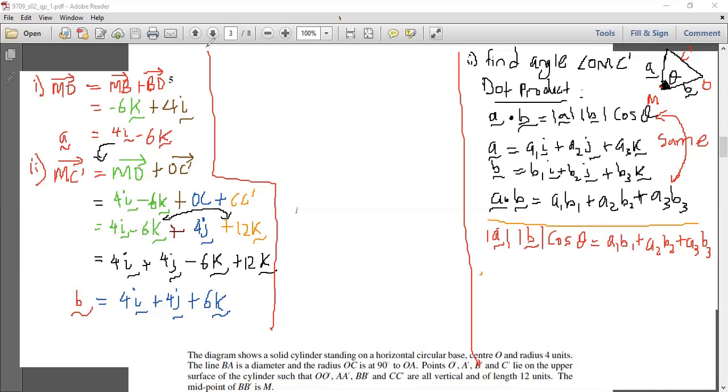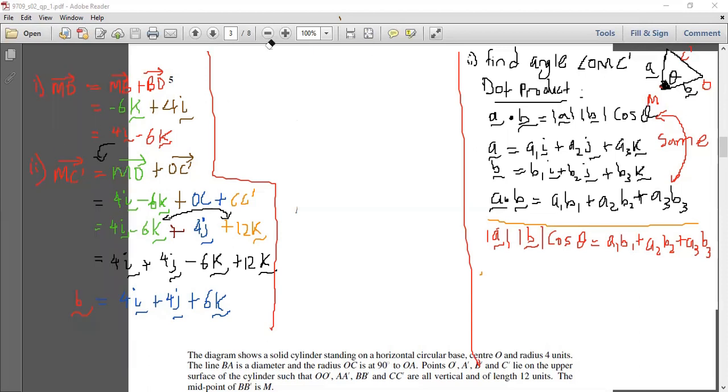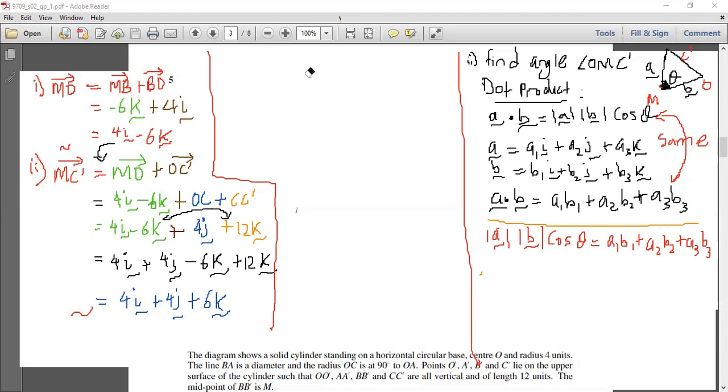So I just need to change just a little bit. Sorry, this is not A. This is actually B, and this is A. Can you see why? In the picture on the right, MO is the B in our case. This is the A. I'll do maybe a smaller picture here just to repeat that in case that becomes a stumbling block. So this is M here, this is O, this is the point C prime.